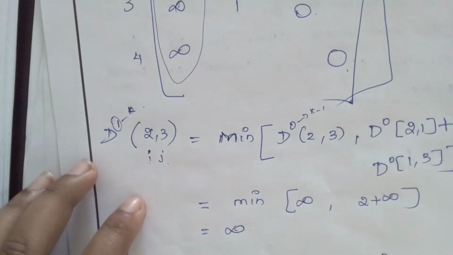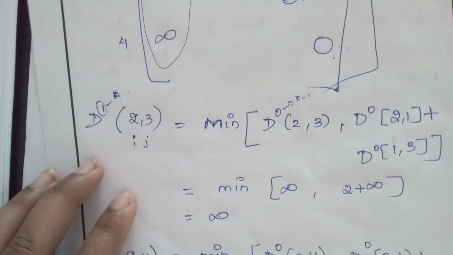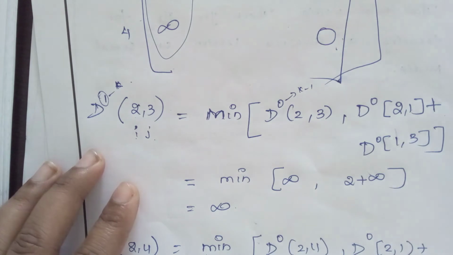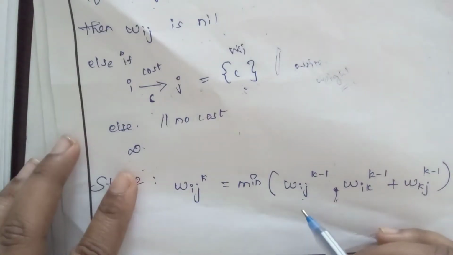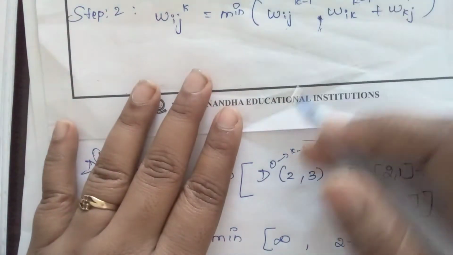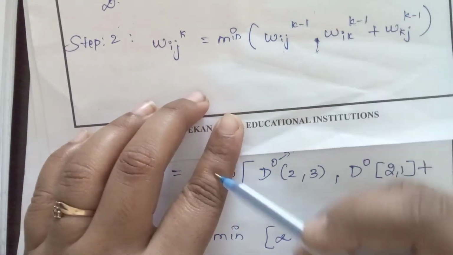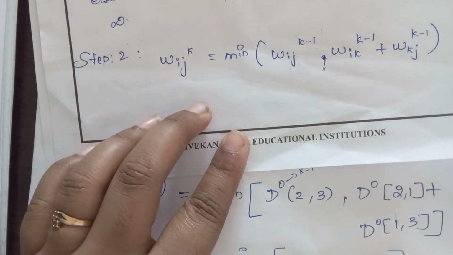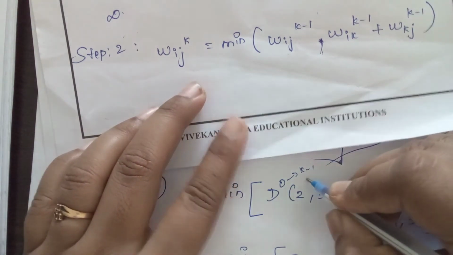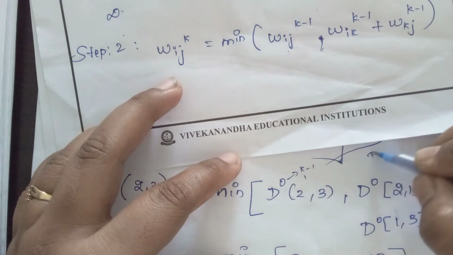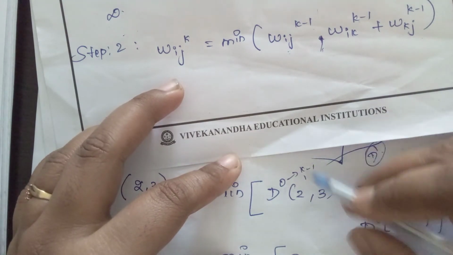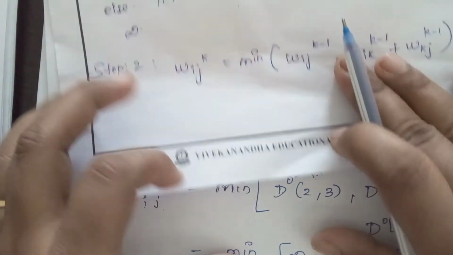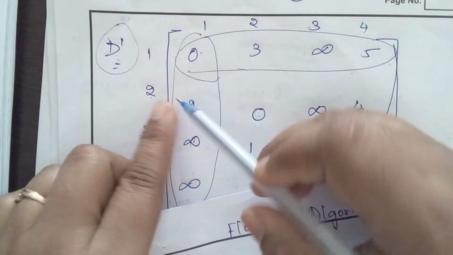Let's see how we can solve from this formula. Minimum, D0, see here, w i j k minus 1. For w i j I am writing D0, that is nothing but k minus 1. K is 1 here, because we are finding the D1 value. So k is 1, 1 minus 1 is 0, D0. Why am I going for 2 comma 3?